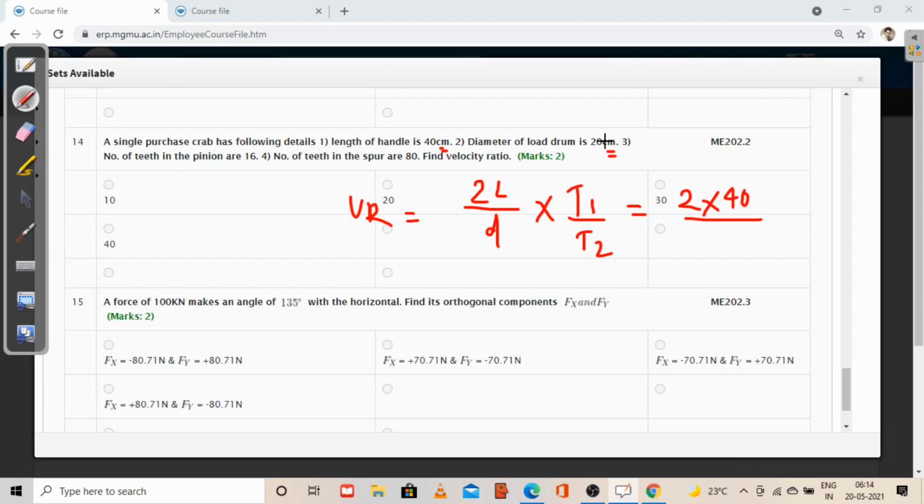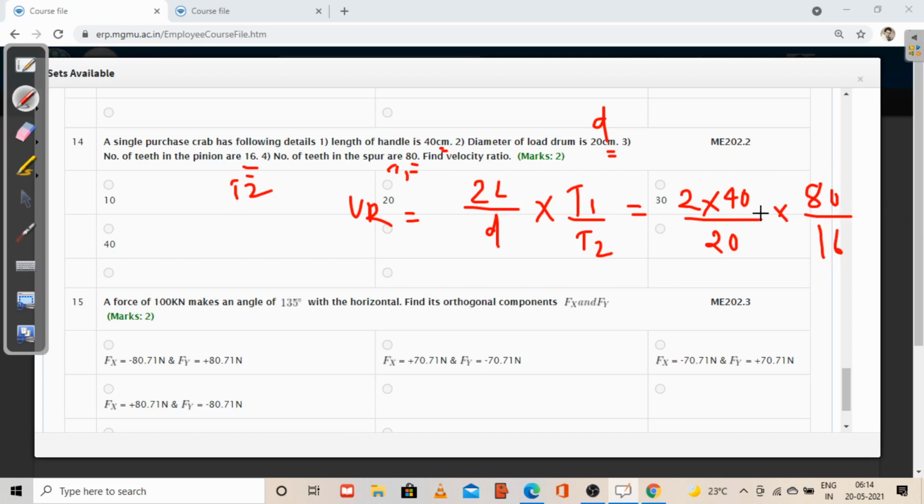The diameter of load drum, that is small d, is given directly as 20. So you have to take small d as 20. Now T1: number of teeth on pinion is 16, number of teeth on the spur is 80. Always remember, the one with more teeth is T1, that is 80, and T2 is the pinion, which is less, so 80 by 16.